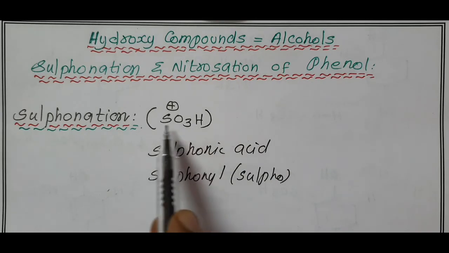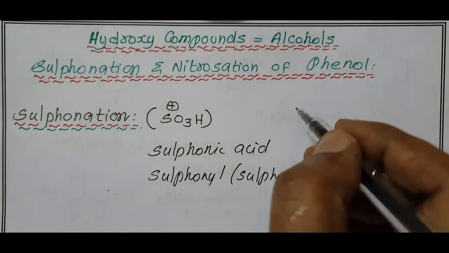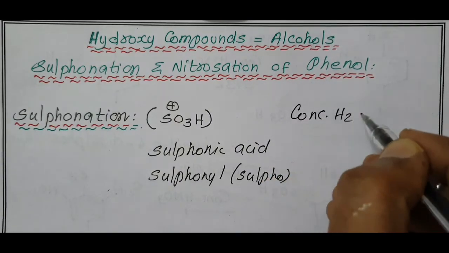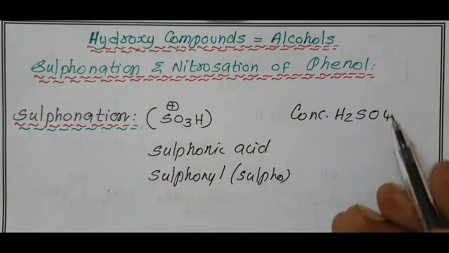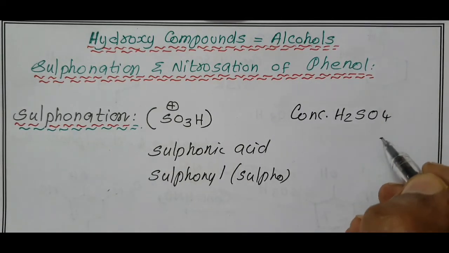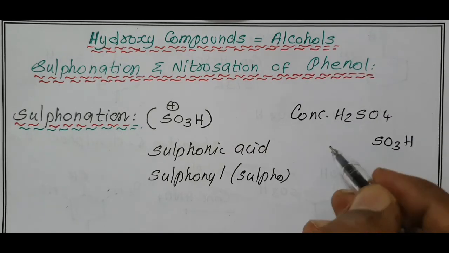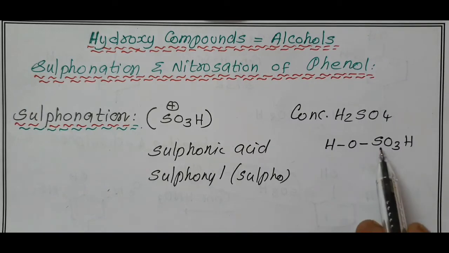To add this electrophile to the benzene ring, we require concentrated sulfuric acid, H2SO4. Separate SO3H from sulfuric acid; the remaining is one hydrogen and one oxygen, HOSO3H.